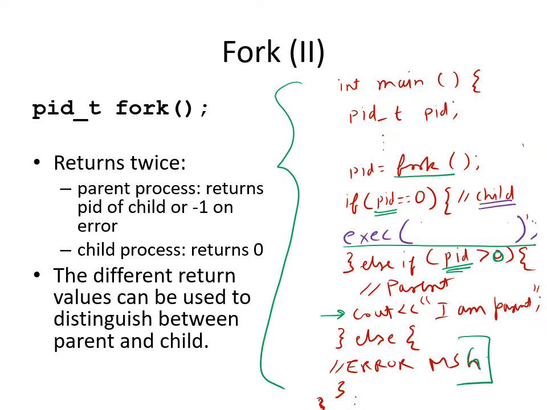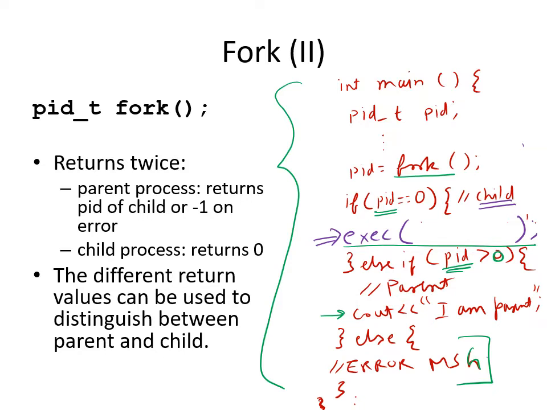So for example, if we want this child process to become a paint program, then we just specify the complete path of the binary of that program, and on execution of this exec system call, the memory address space of the child process would be completely replaced or basically loaded with the image of that paint executable binary.